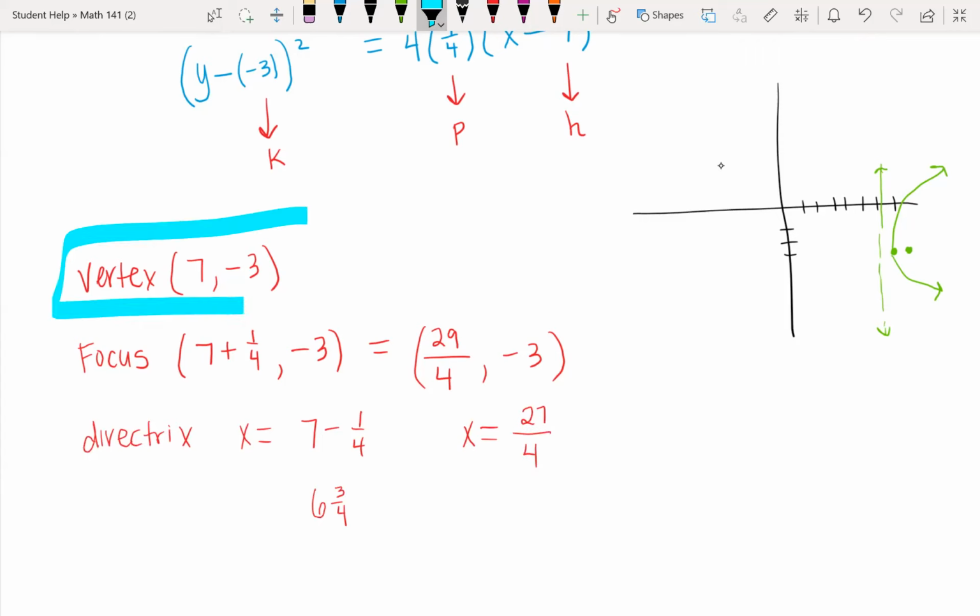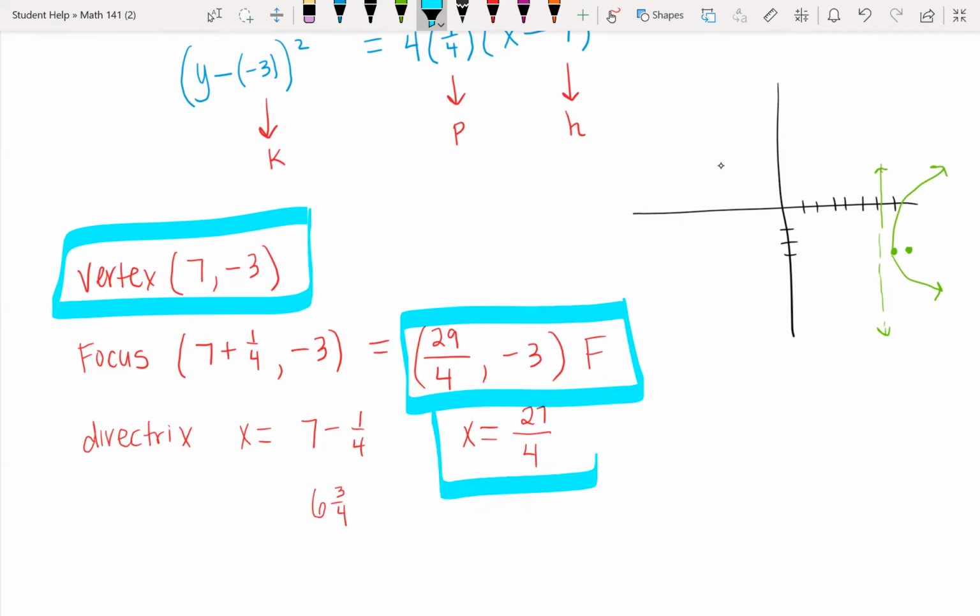So here's our vertex. This is the focus point. And this is the directrix.